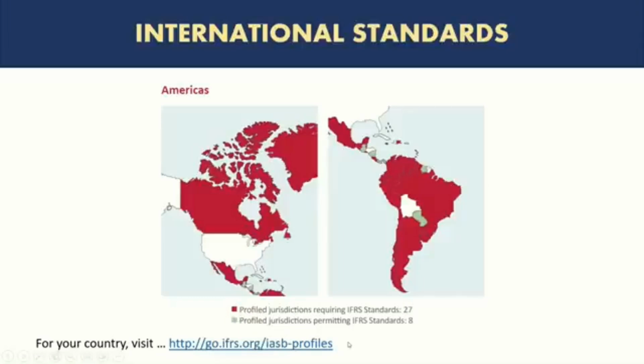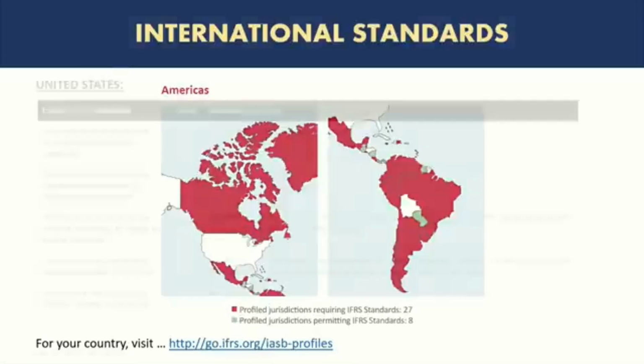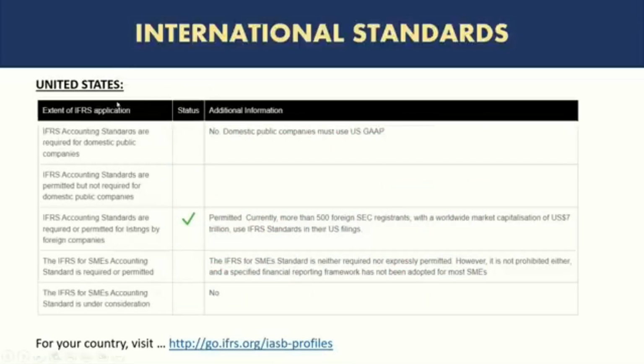And when you go to this website, you can select your country, and it can show you some information like this, where, for example, I selected United States, and it shows the extent of IFRS application. In this case, you can see that IFRS are not required for domestic public companies. In fact, US GAAP is the requirement. However, IFRS standards are allowed or permitted for listings of foreign companies, right?